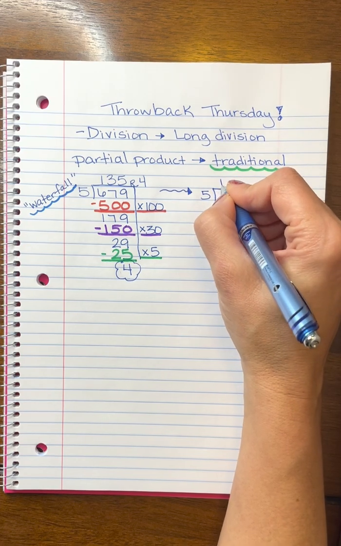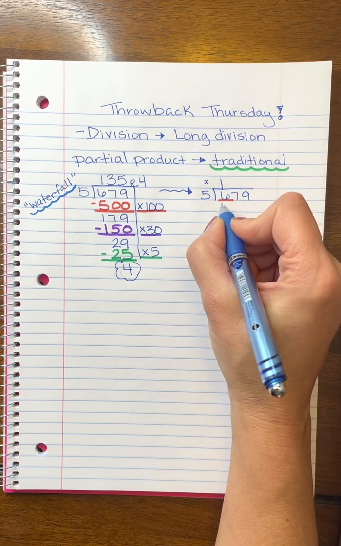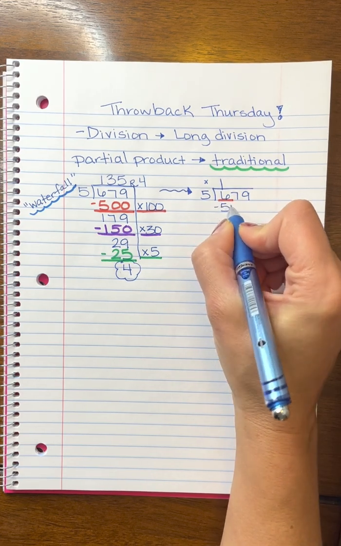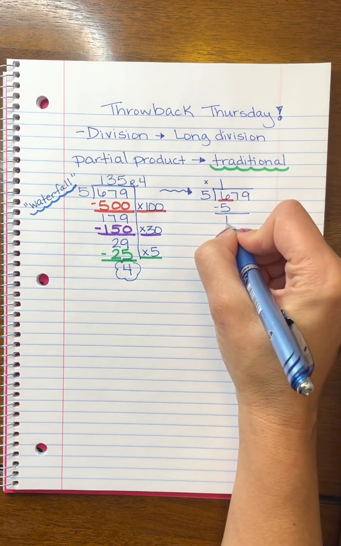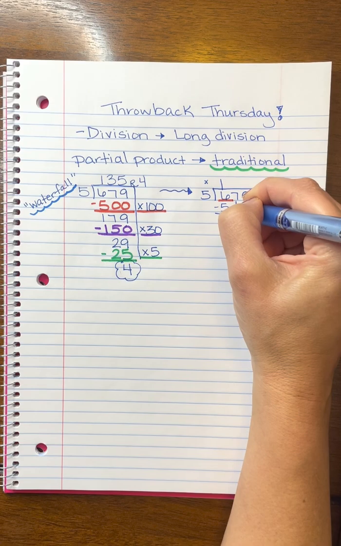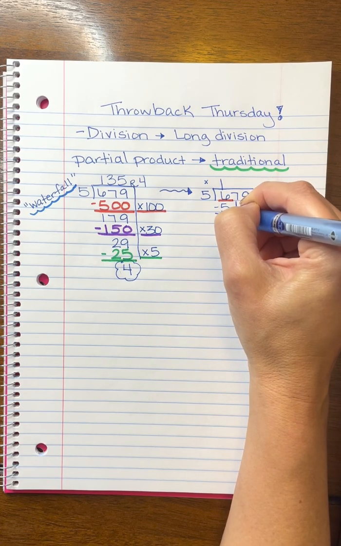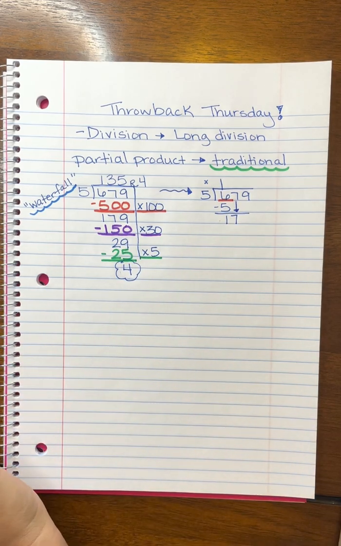Well, I know 5 times 1, or 1 times 5, is 5. So if I subtract that, 6 minus 5 is 1. And I'm going to bring down my 7.